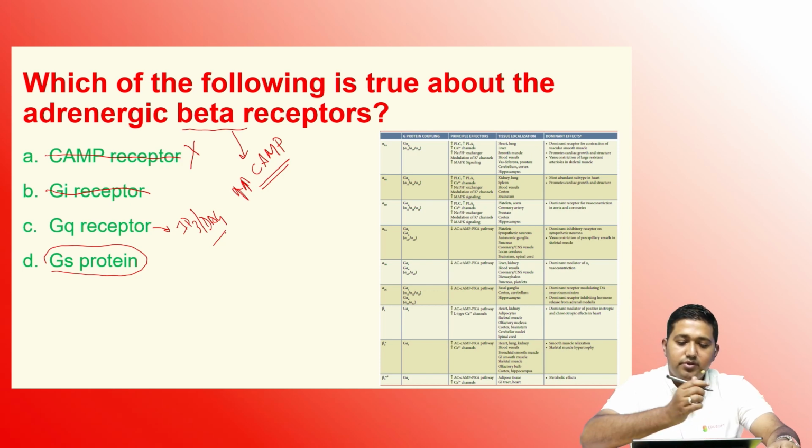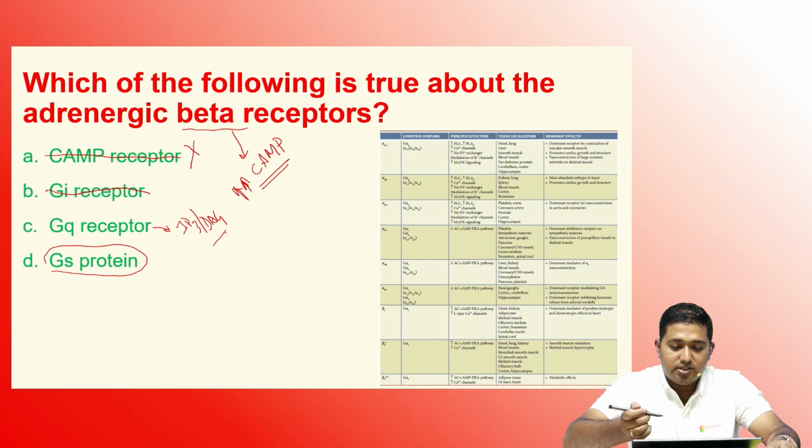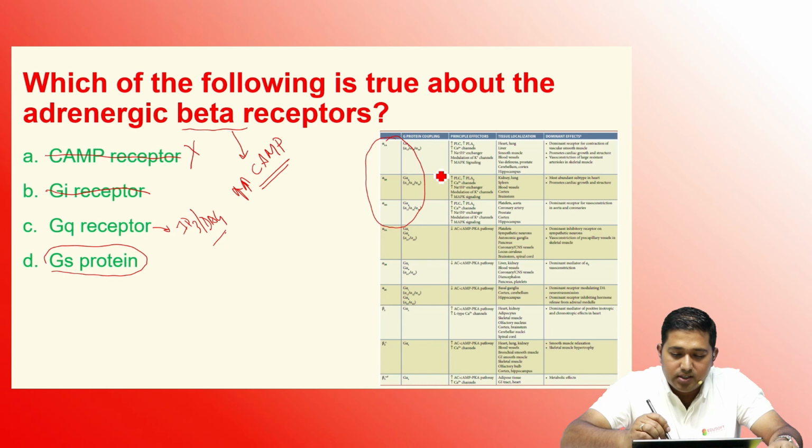Just a quick review of the different types of adrenergic receptors. Alpha 1 receptors, 1A, 1B and 1C, are all stimulatory and act through the Gq receptors. Then we have alpha 2 receptors, which are inhibitory: 2A, 2B and 2C.